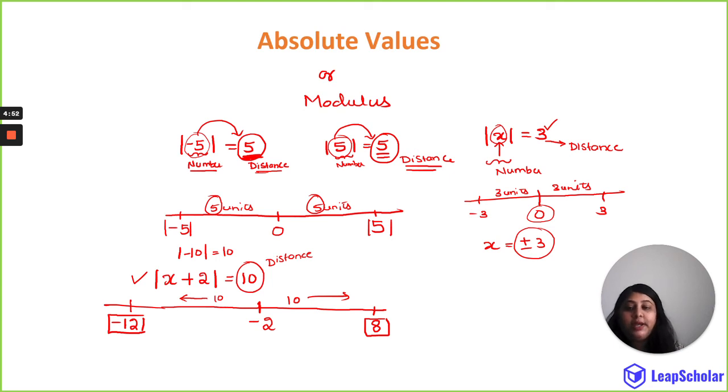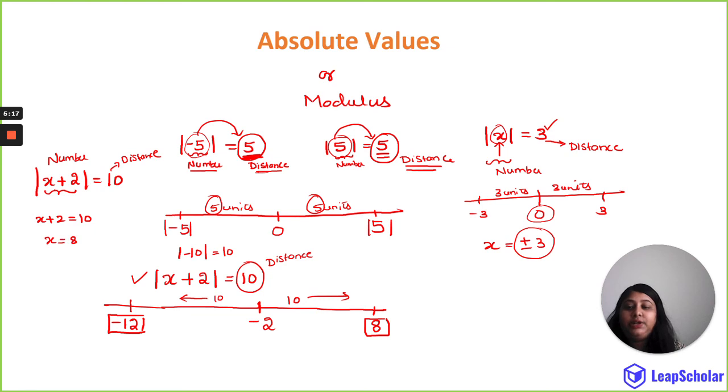If you don't want, you can go with the algebra method also. As I said earlier, whatever is inside the modulus is a number, and this is the distance. The number can be positive or negative. So consider it once as positive and find the value of x, which is going to be 8.